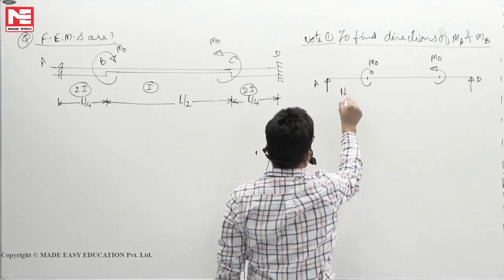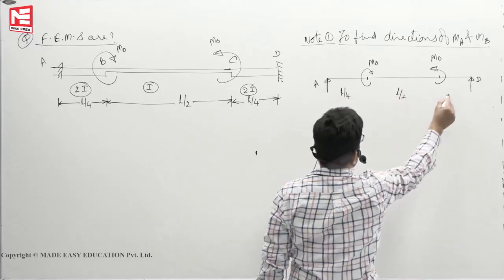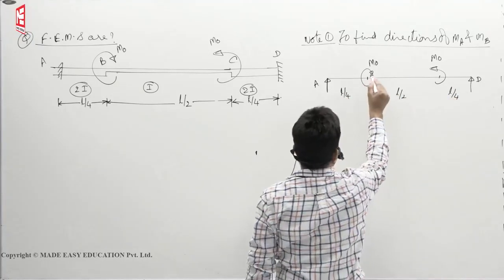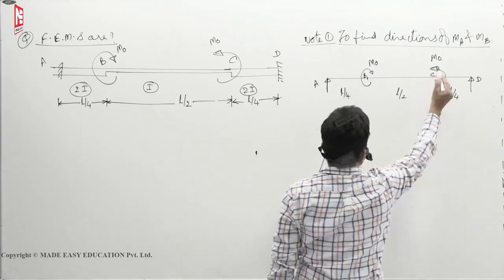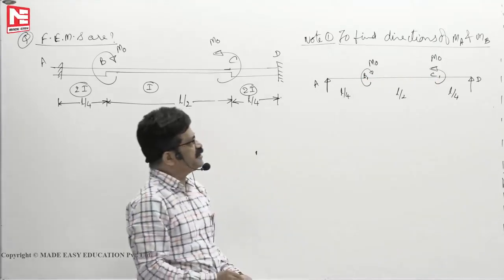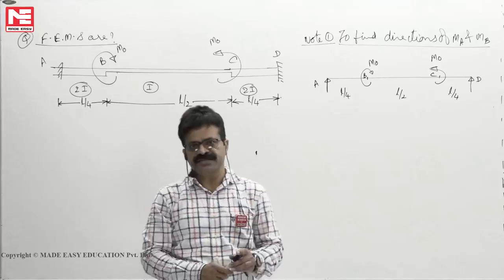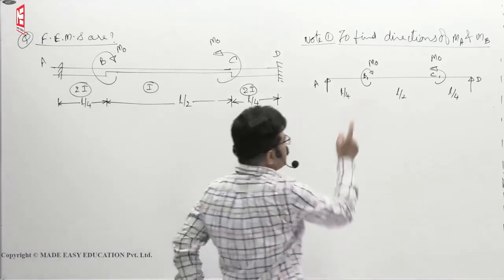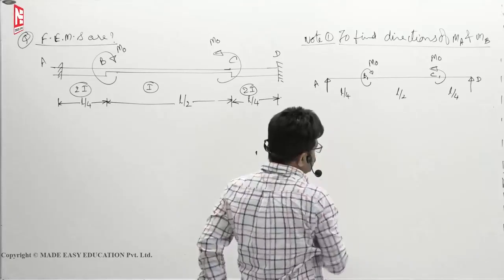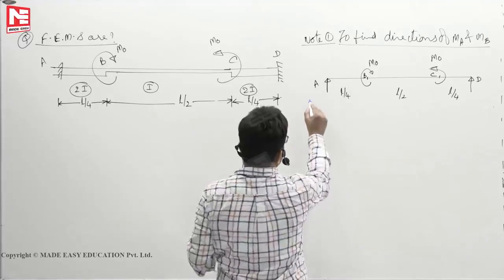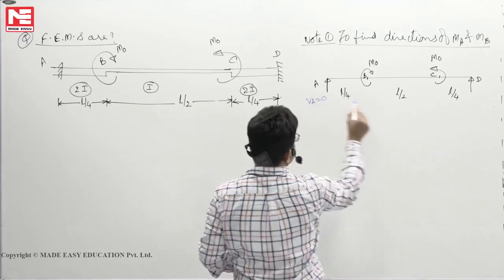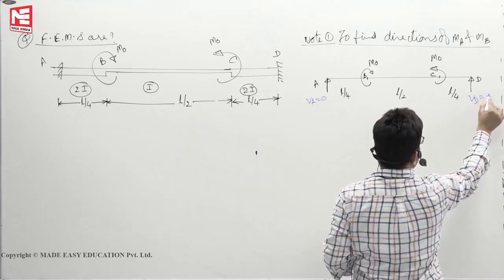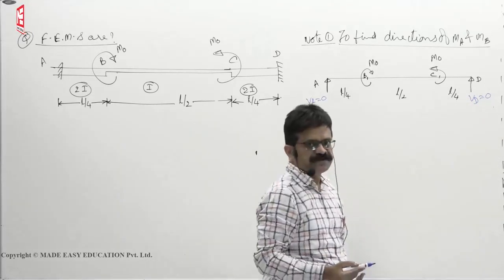This is L by 4, L by 2, L by 4, B, C. Now it is a statically determinate structure subjected to a system of forces which are already in equilibrium. For such cases, V and Vd are 0. That's what you have learned in SM also.